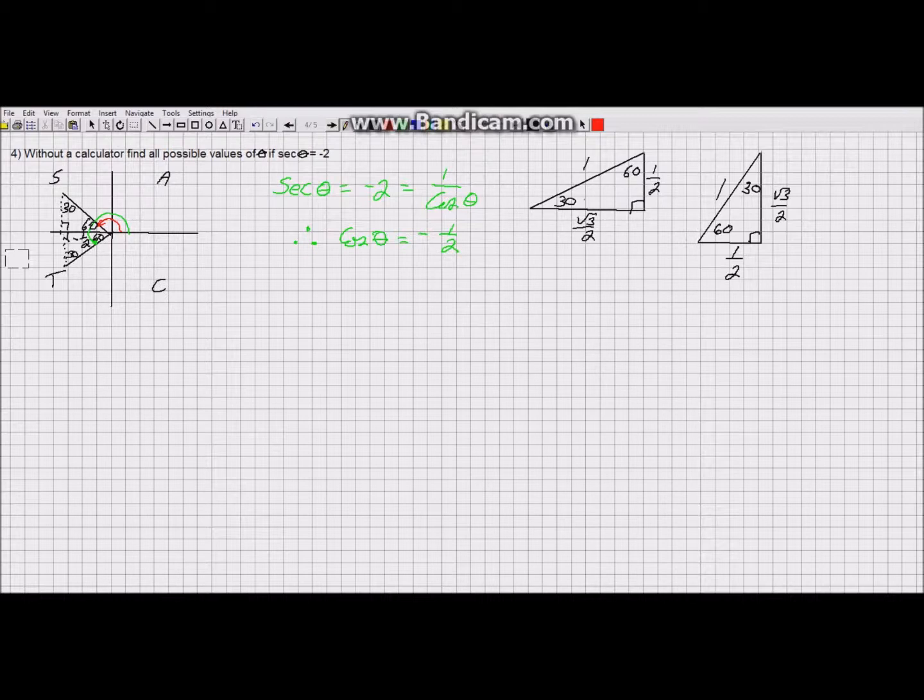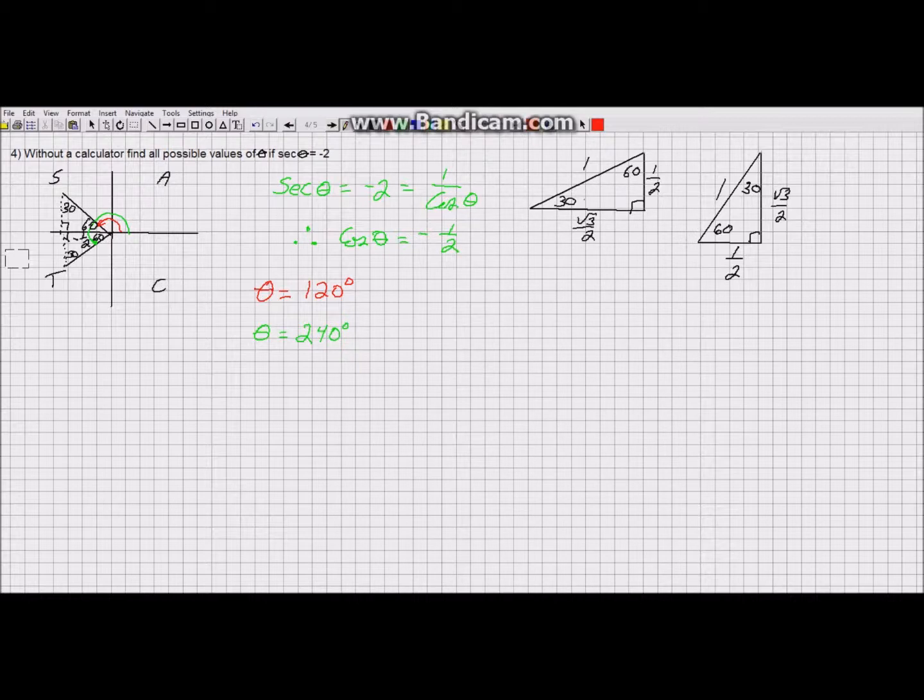Therefore, in red, the angle theta made from the positive x-axis could be 180 minus 60, or 120 degrees. In green, 180 plus 60, or 240 degrees.